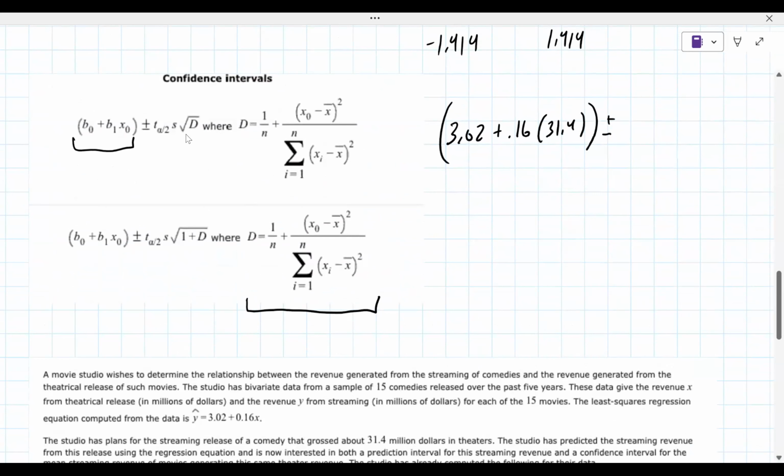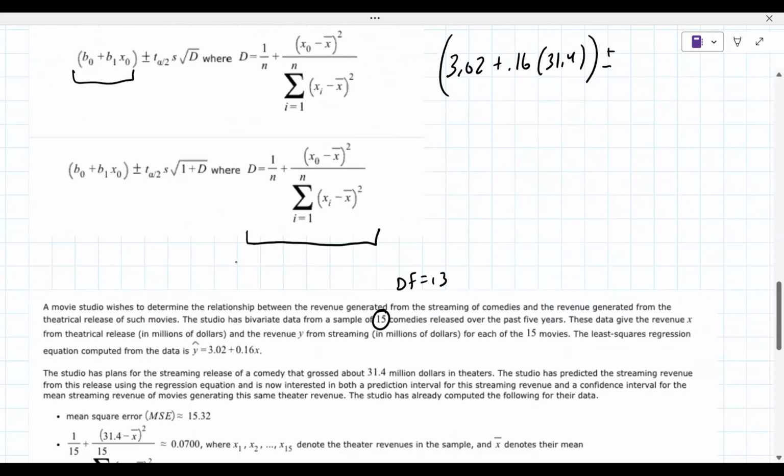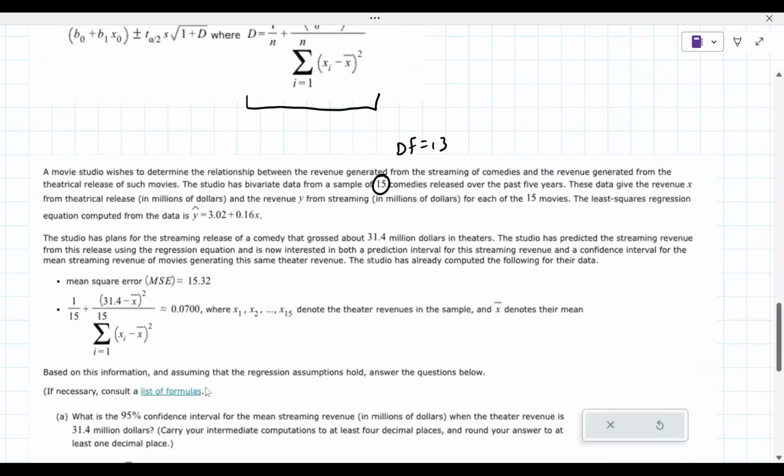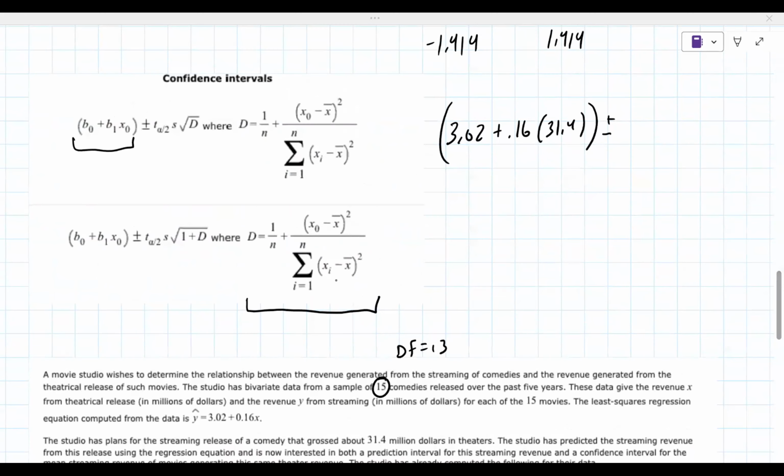The next thing we need is this T alpha over 2. There are 15 comedies, which means the degrees of freedom is 13. Your C is 95%. Somewhere it said it wanted a 95% confidence interval, so I'm going to look that number up for us. That is 2.160.